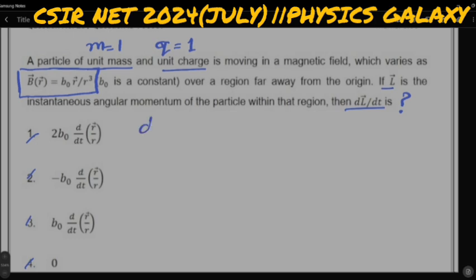So we know dL by dt, the rate of change of angular momentum, is basically the torque.